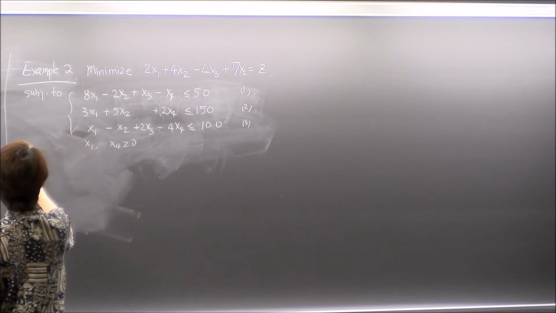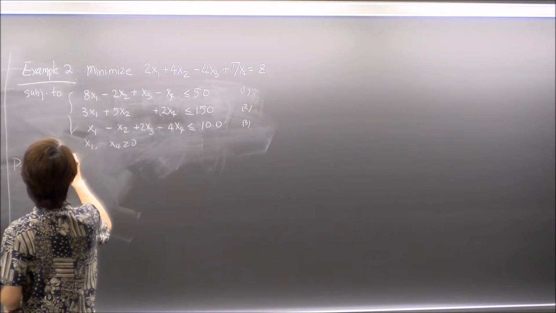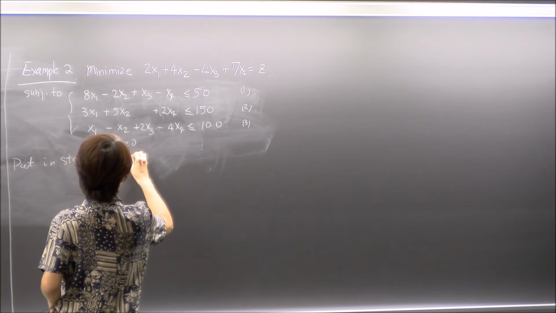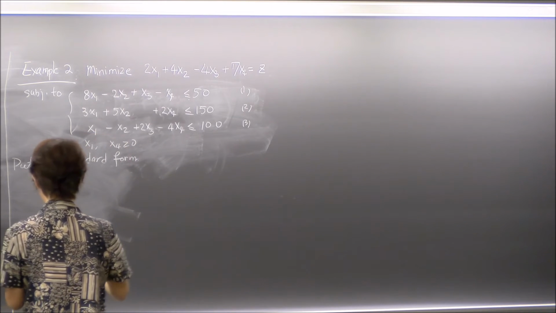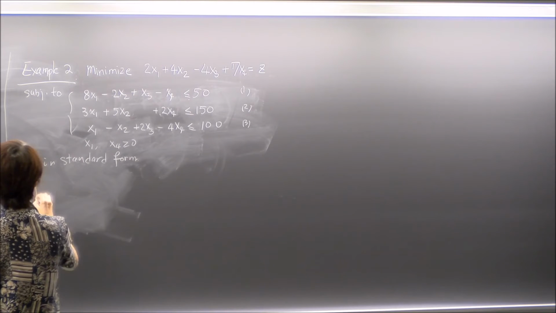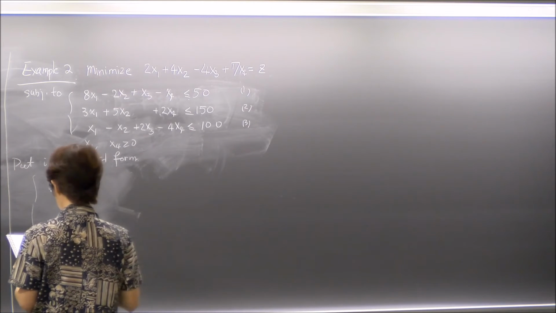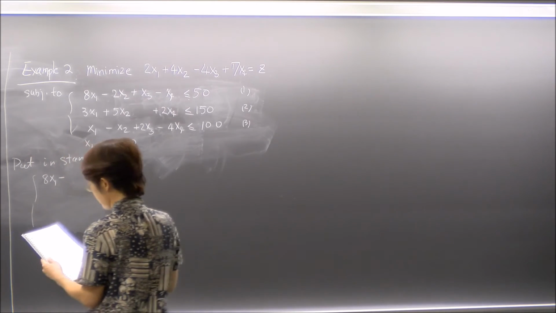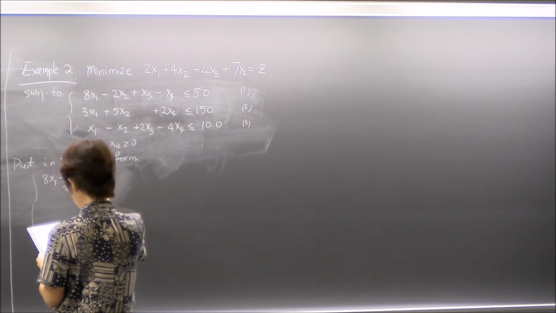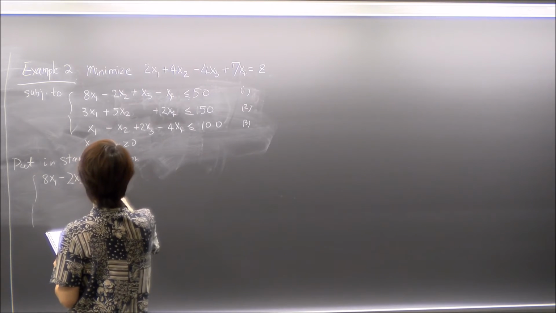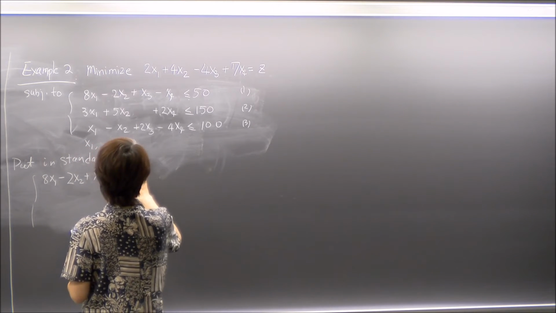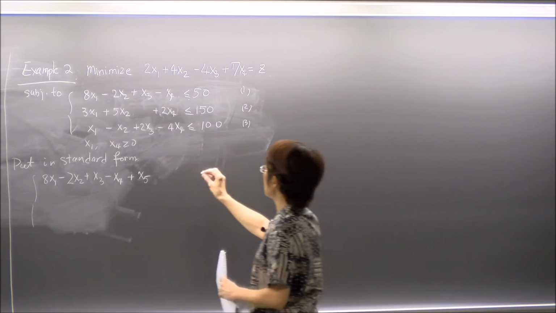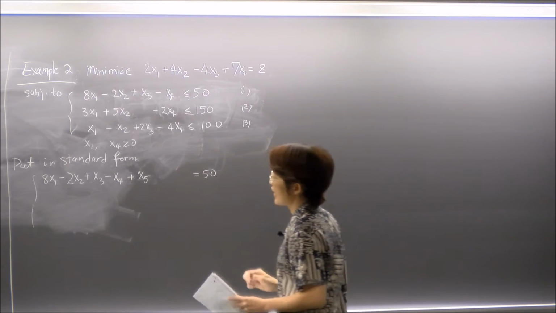So we already know how to put it in standard form, okay, by adding slack variables. So let me put it in. I will put the constraints first, and then I'll put the objective function afterwards. So preparing myself for a Tableau form. So for the first equation, I introduce x5 equal to 50. That's my slack.